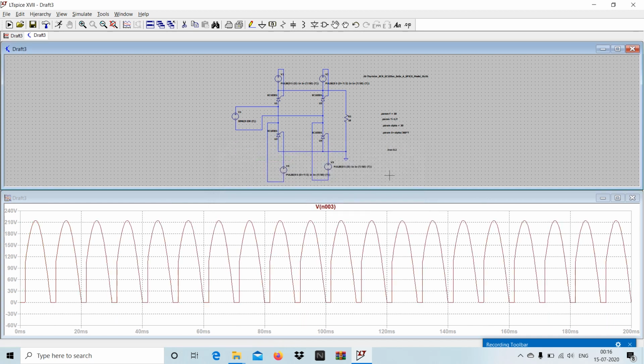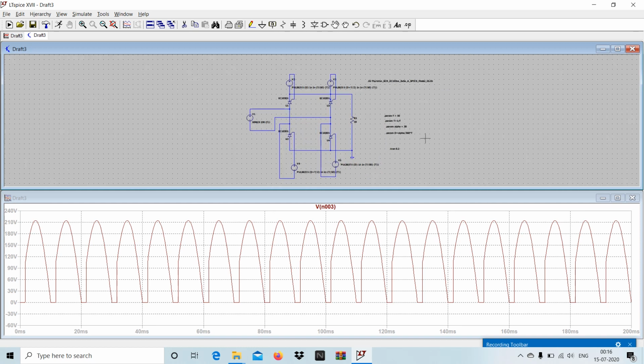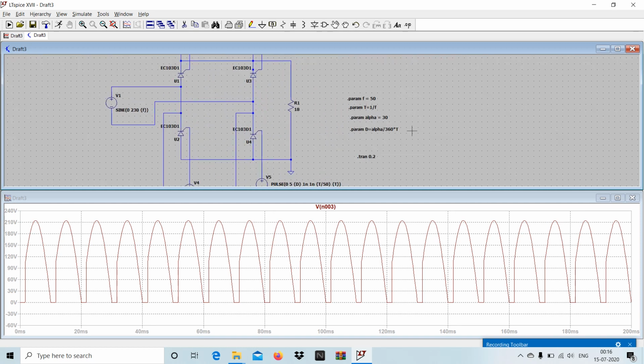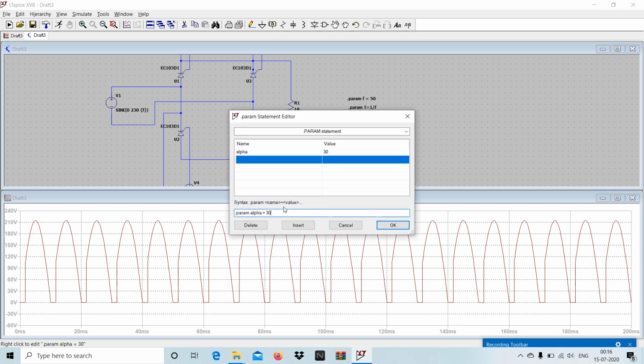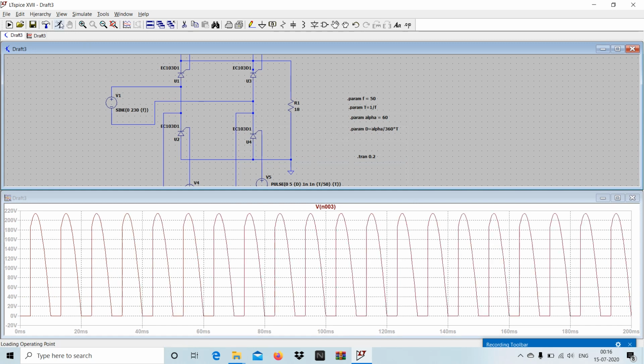As already told you, we want to change the alpha value. Instead of 30, if I want to give 60 degrees, yes, the waveform also changes as per the 60 degrees.